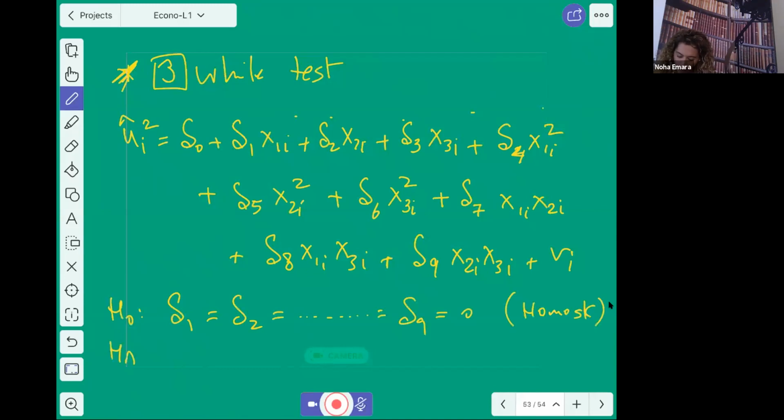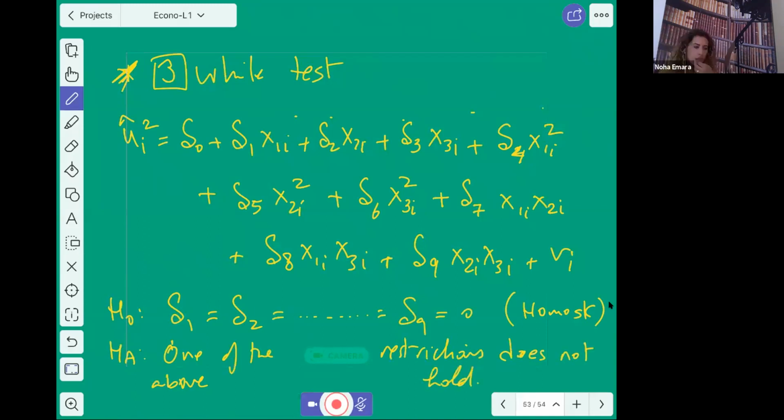Alternative: let me write it in a different way instead of writing not equal to 0 and/or and so on. We're going to say one of the above restrictions does not hold. Just a different way of writing the alternative. Okay.